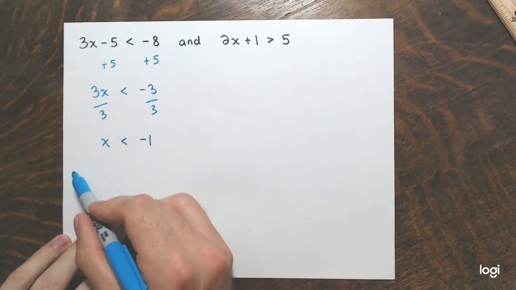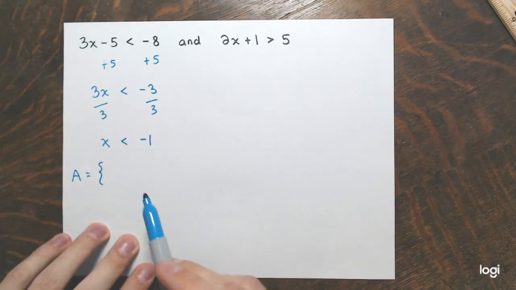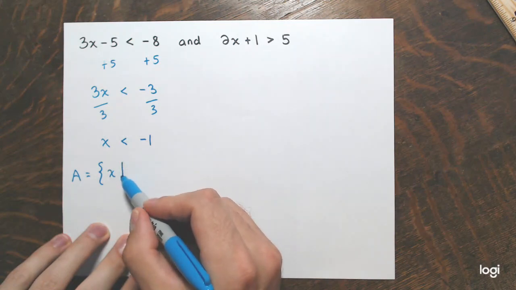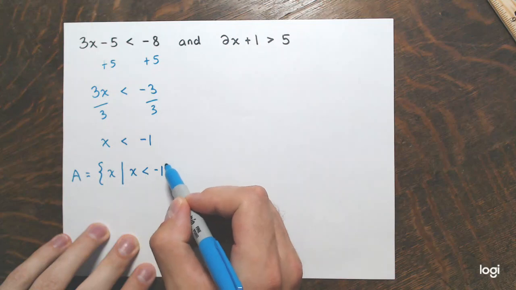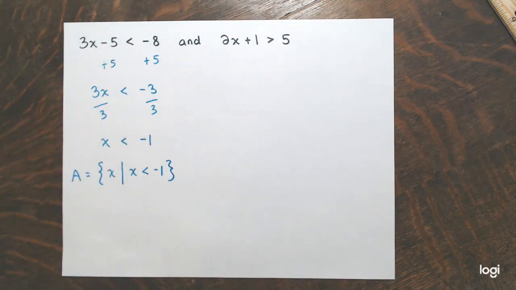I'm going to call this set A, the set of all the solutions of this first inequality. It's all the numbers such that x is less than negative 1.